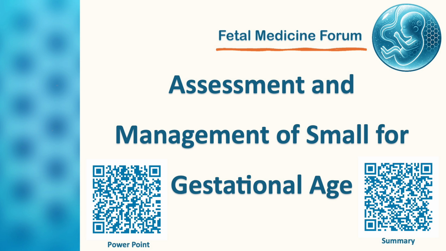What's the guideline for growth scan frequency? Serial ultrasound growth assessments should never be less than 2 weeks apart. Physiologically, meaningful fetal growth changes cannot be observed in shorter intervals, risking misinterpretation. The latest RCOG 2024 guidance recommends growth assessment every 2 weeks for suspected or confirmed fetal growth restriction.